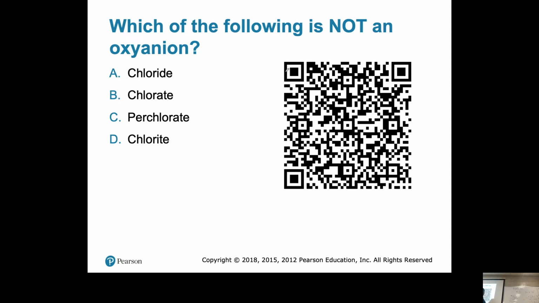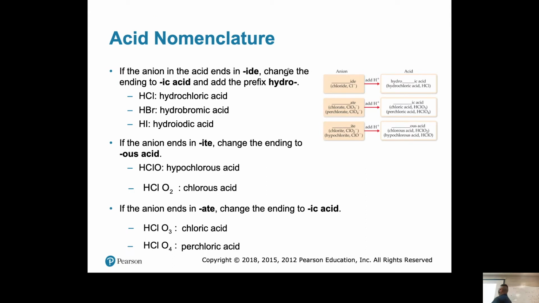It's got a -1 charge, just Cl minus. Chlorate is the most common. It's got 3 oxygens, still a Cl minus, still a -1 charge. Perchlorate has 4 oxygens. Chlorite has 2 oxygens. Good stuff. So now that we've talked about oxyanions, we have to talk about how to name acids.